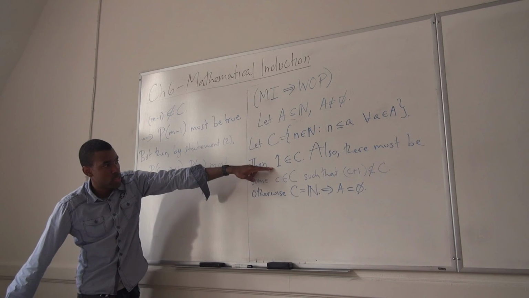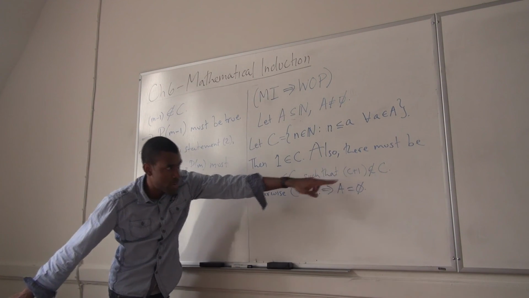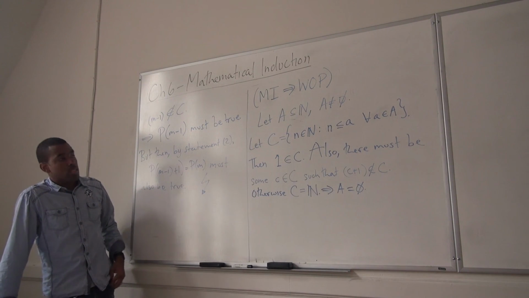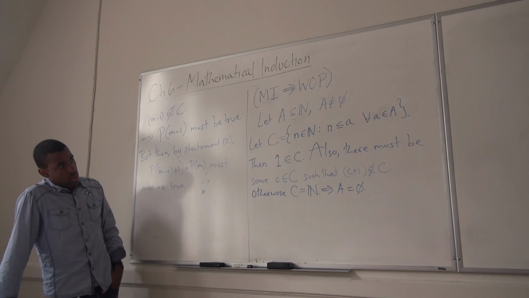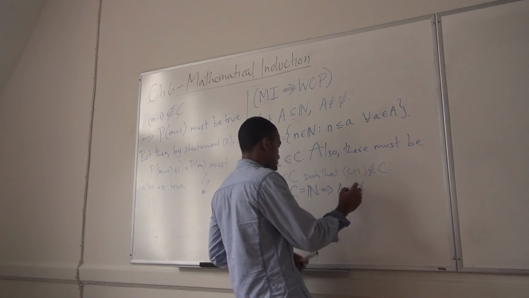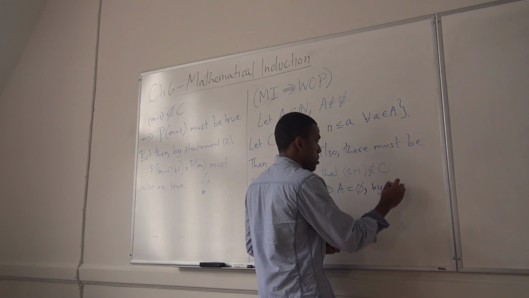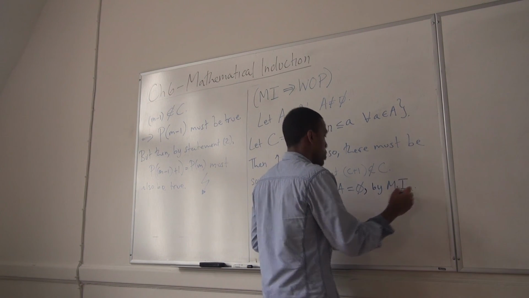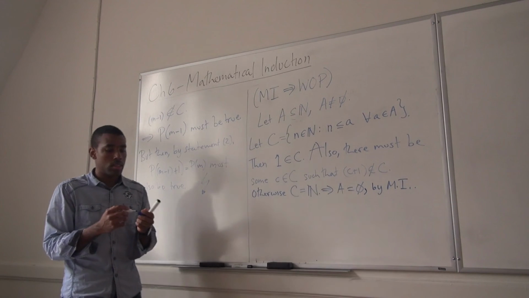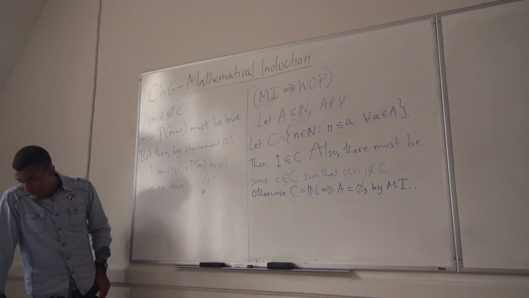That's why I made this note, so that I get this guy is not in C, and I want to use that fact. The 1 actually helps us apply induction. Otherwise, C would be n, and this would happen by mathematical induction, which uses the fact that 1 is in C. But yeah, you're almost there.